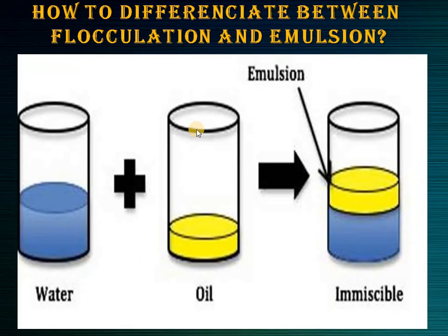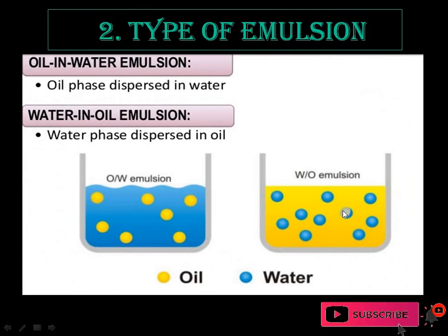So basically, what is emulsion? Emulsion is a mixing of two liquids, for example water and oil. As I said, when they are mixed together in a jar or a glass but do not mix with each other, then the emulsion forms where the separation between the two phases is visible. So next is the type of emulsion. As I said, mainly two types: oil in water and second, water in oil.